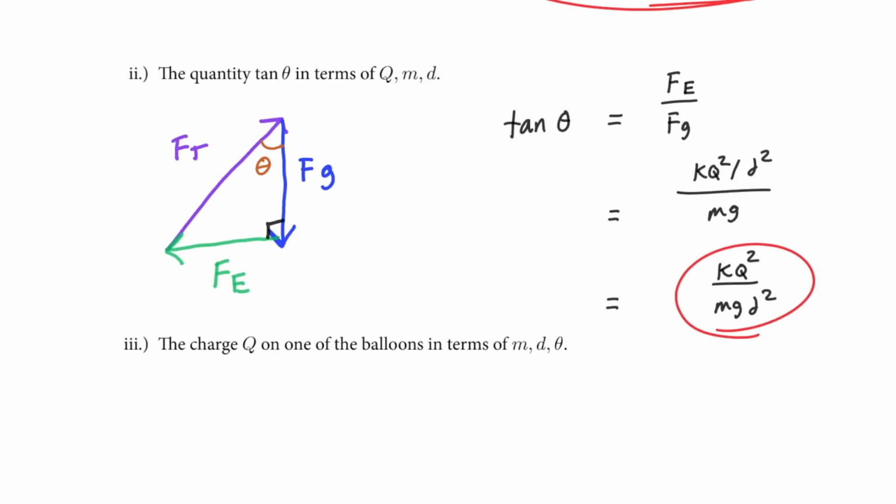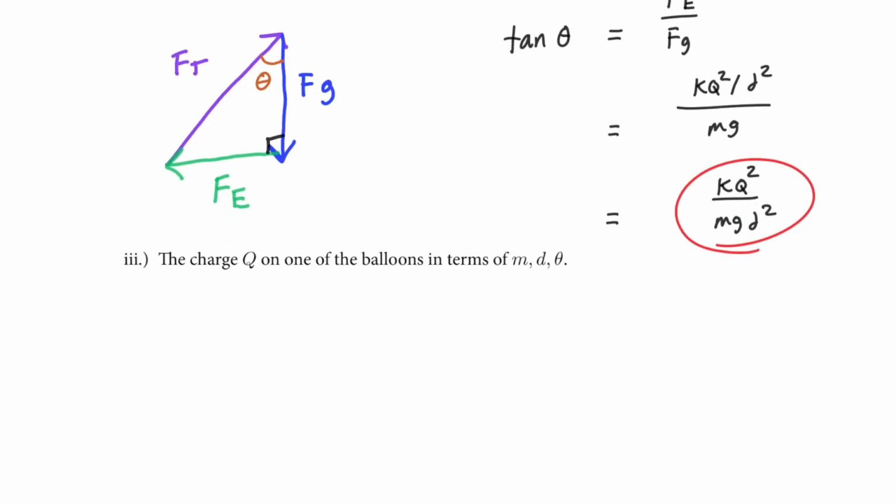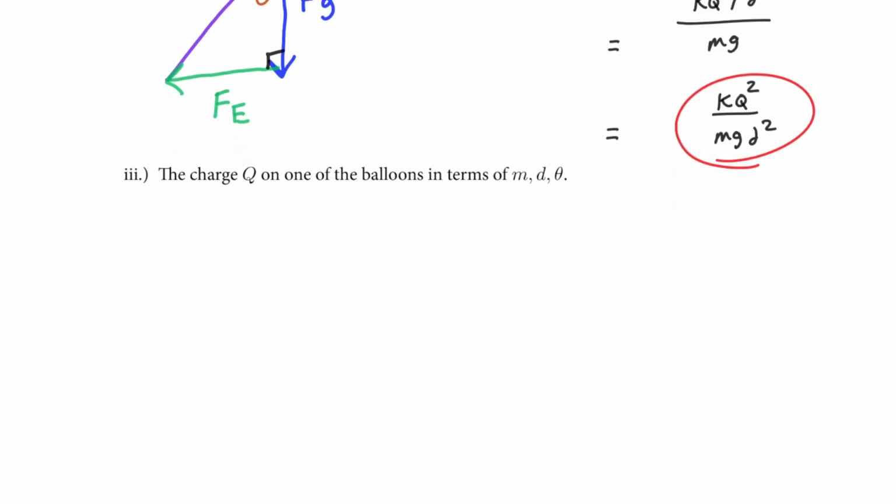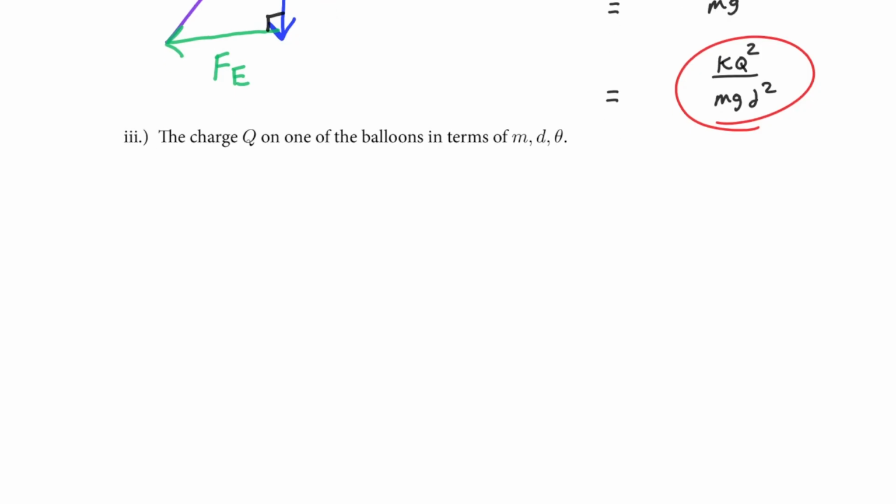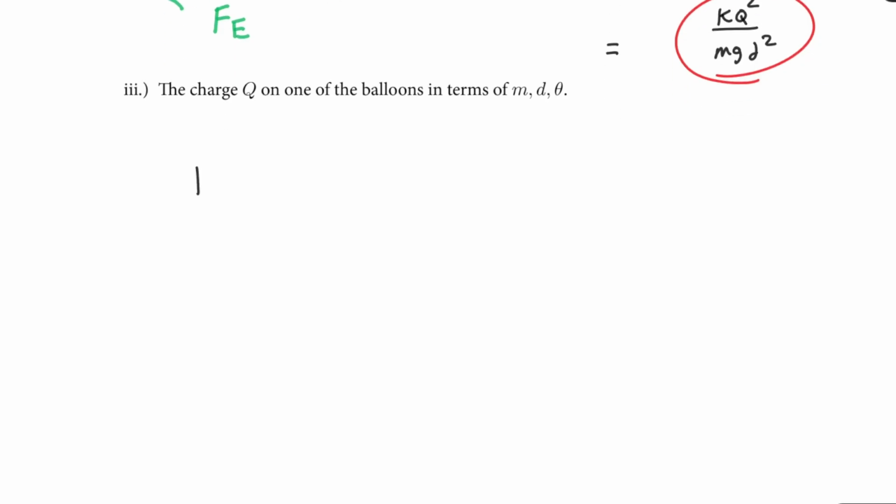And now we can solve for the charge on one of the balloons in terms of theta. That's why we did this tan theta trick, because tan is the trig function that doesn't involve the hypotenuse, which we didn't know. So we're given from this previous derivation that tan theta is just kq squared over mgd squared. If we're solving for the charge q, I can multiply everybody on the denominator over.